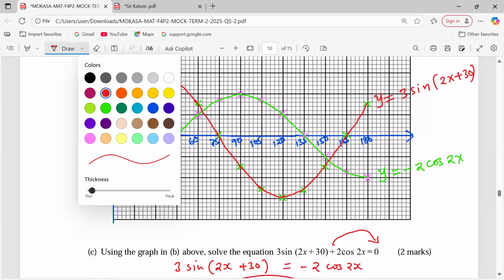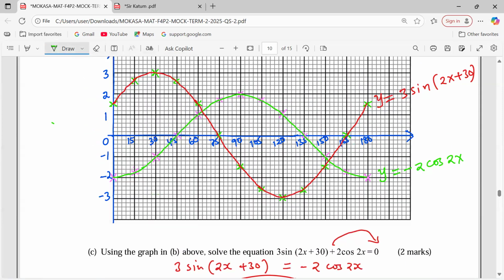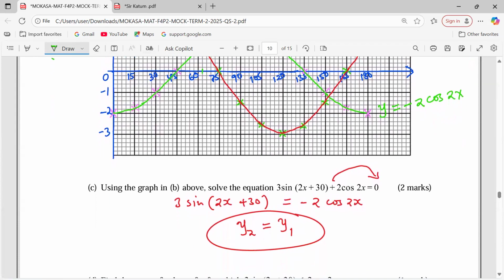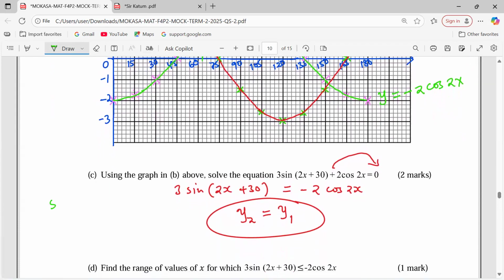We identify the points of intersection. So what are the points of intersection? One of them is here. That is 60 and five squares. 5 squares represent 15 degrees. What about one small square?